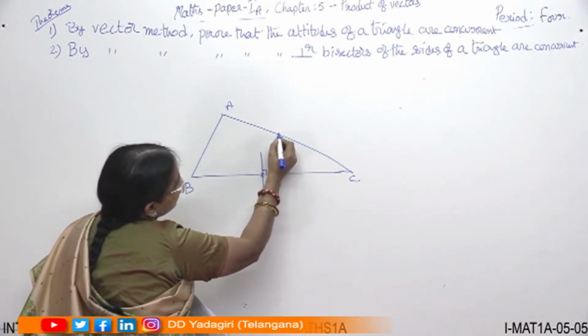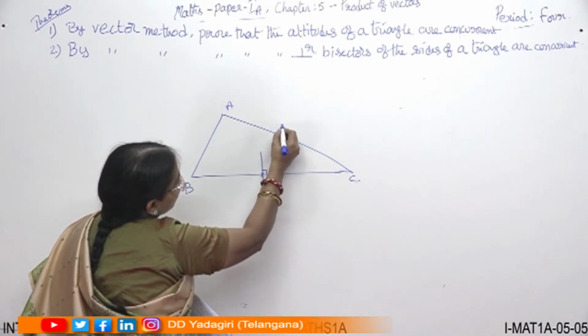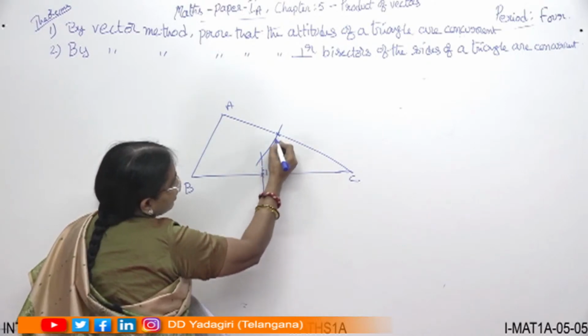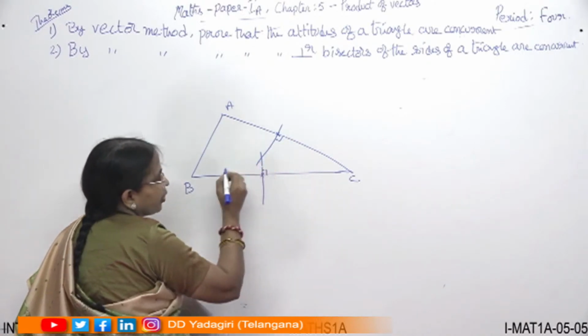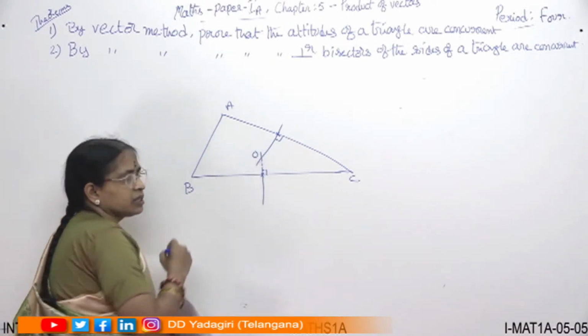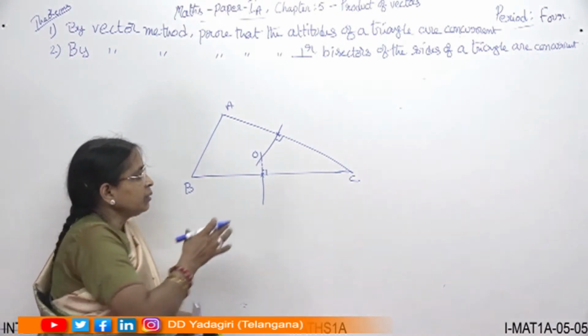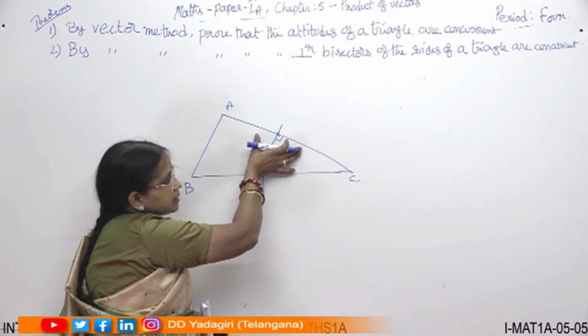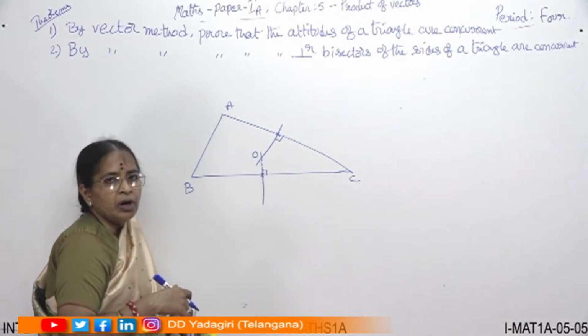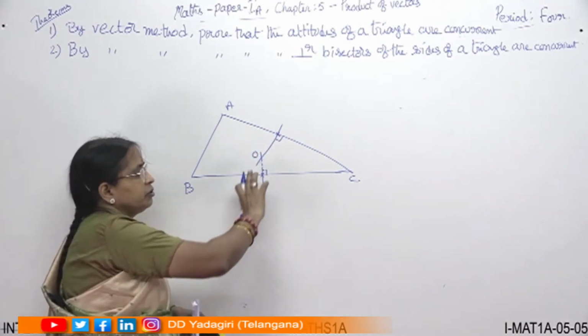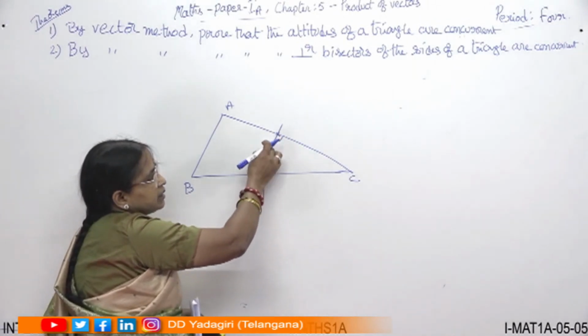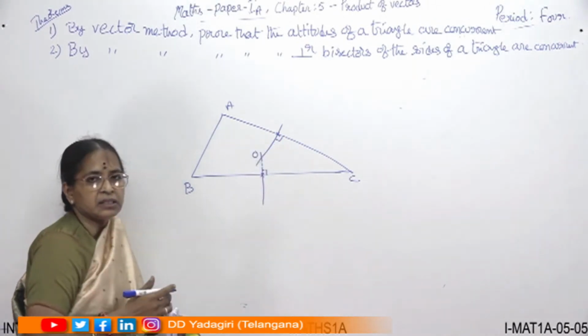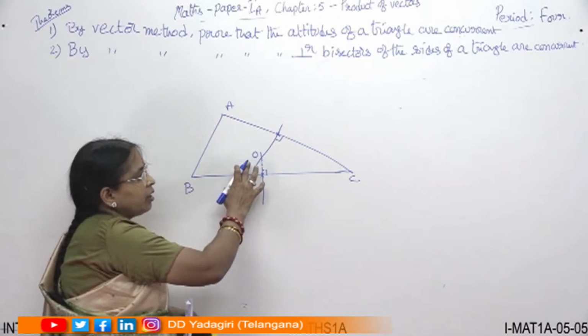Suppose I take this side, this is the midpoint, we'll draw a perpendicular. That will intersect at some point and we'll take that point as O. So let the perpendicular bisectors of the sides BC and AC intersect at O and O be the origin.